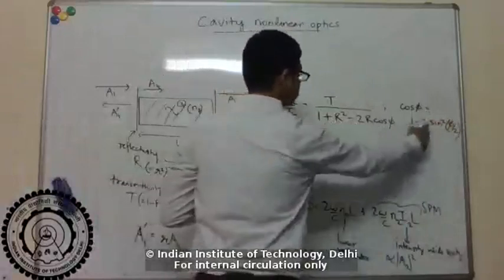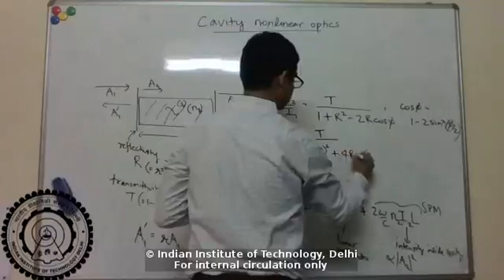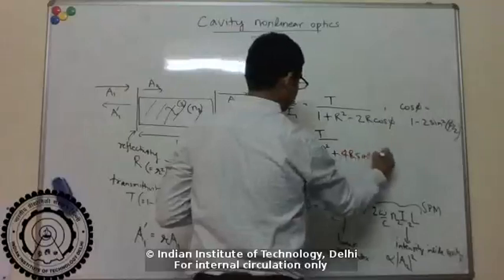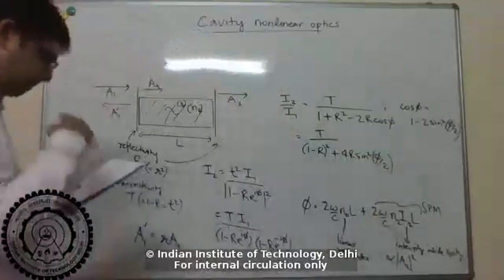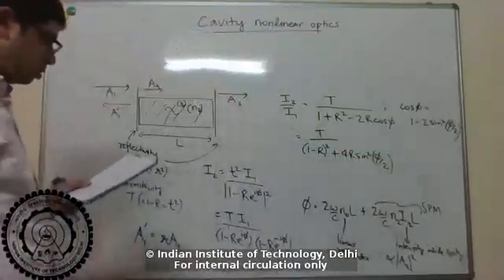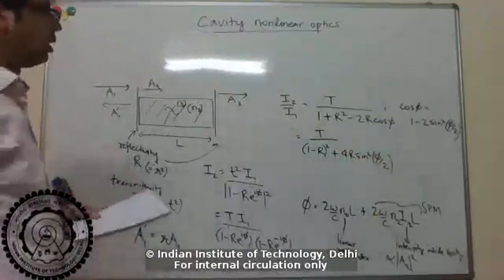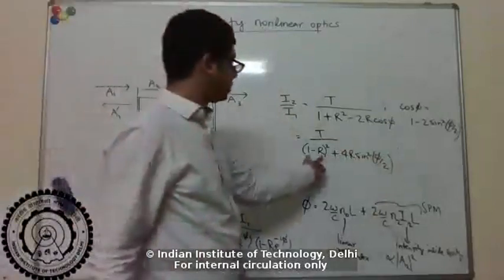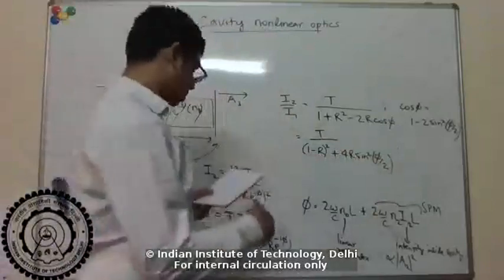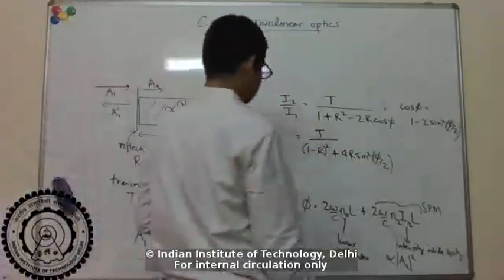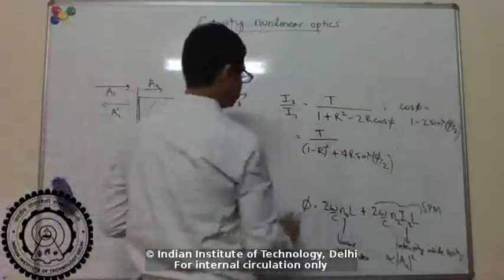And then this other part will give me 4r sine square phi by 2. Okay, and 1 minus r is just t, by definition. So this is just t square, first term.